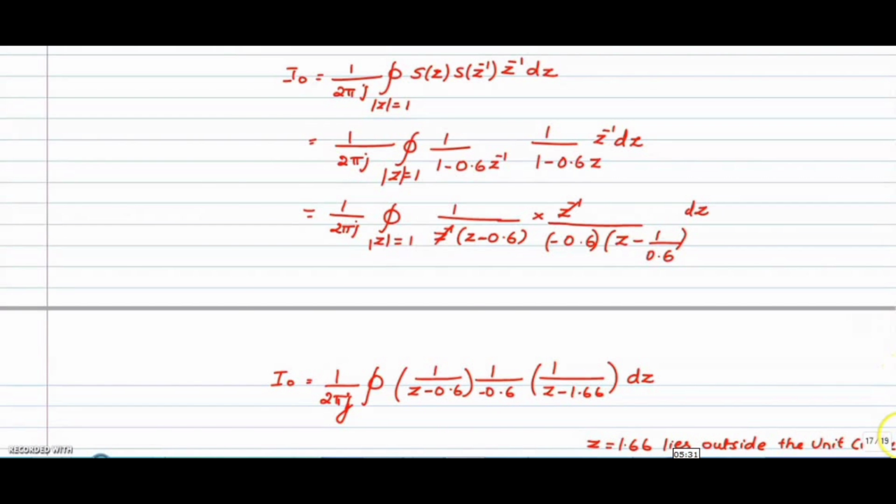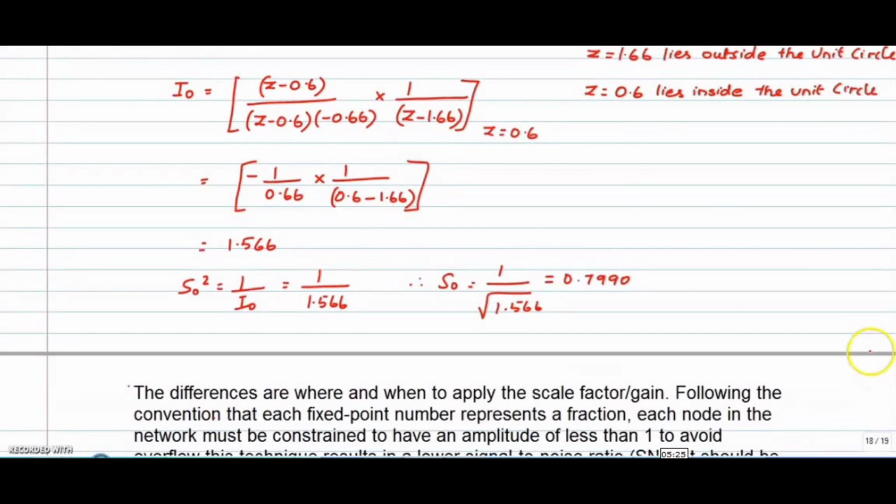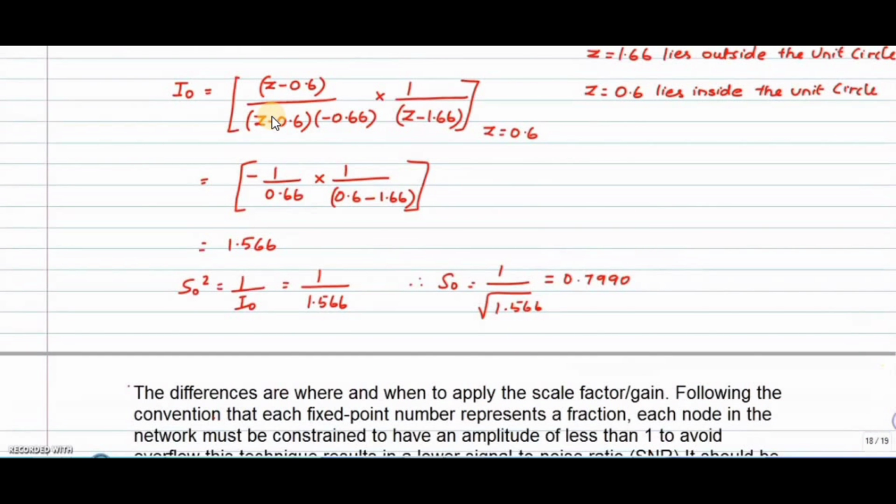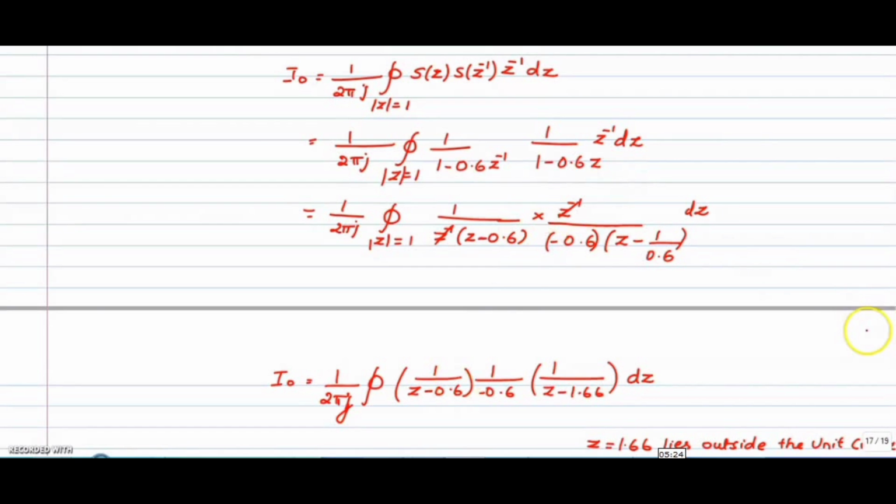Okay. So how to substitute this one? In this equation, you take this alone and I have to substitute z is equal to 0.6. So you can see I have taken this entire function and I am going to substitute z is equal to 0.6.